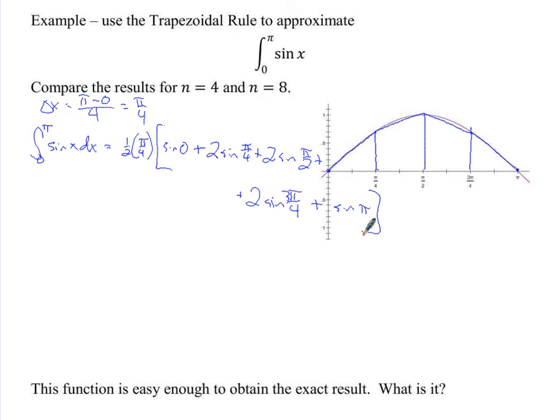And all that is us saying the sine at 0 gives us the height here. The sine at pi over 4 gives us the height here. The sine at pi over 2 gives us the height here, and so on all the way through.